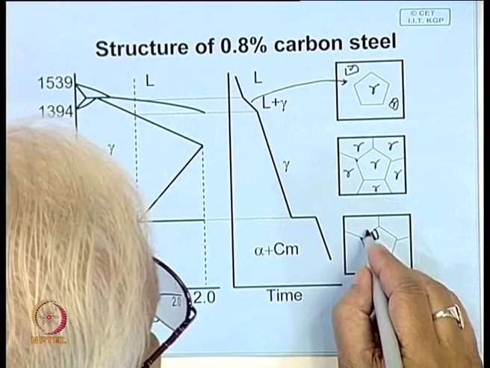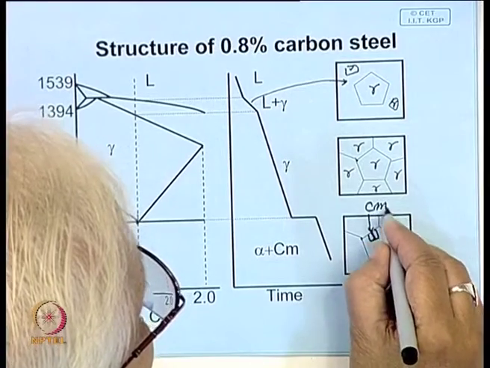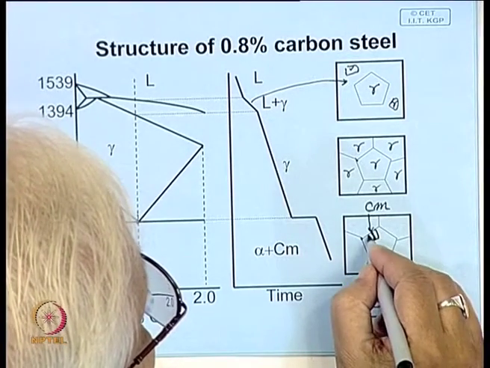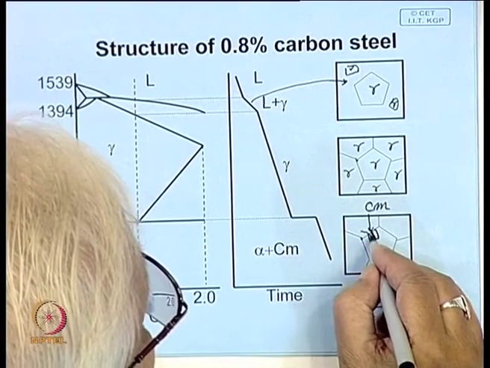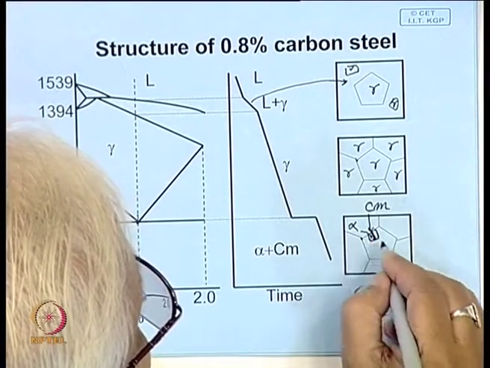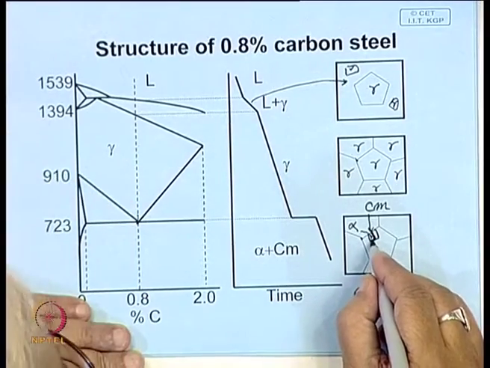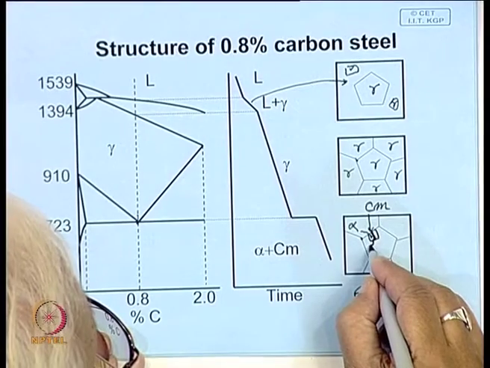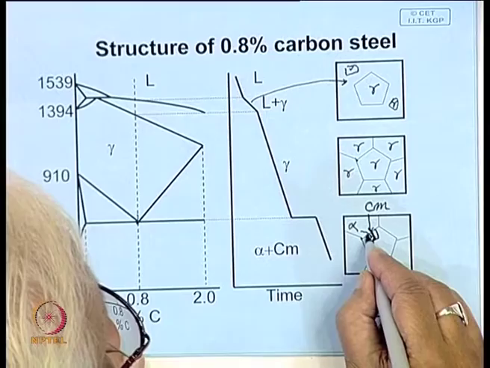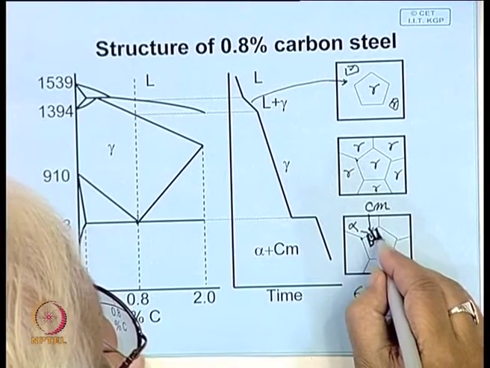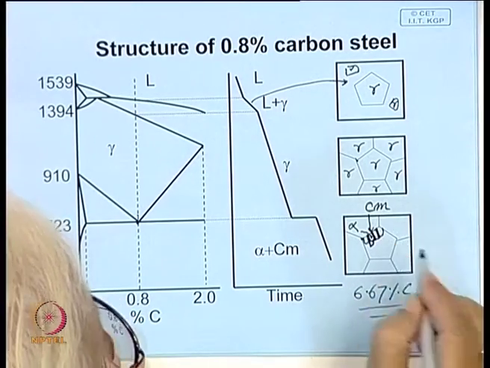So, this is cementite. Let us say the dark line is cementite and this white area, this bright area, is ferrite. When this ferrite precipitates out, carbon gets rejected, goes to the interface, and here again a plate of cementite nucleates, and this is the way the process will continue.